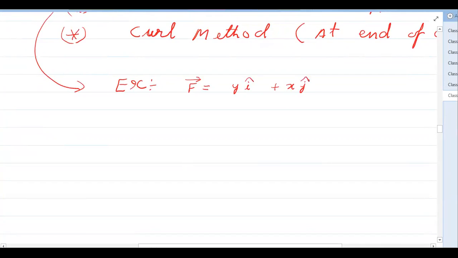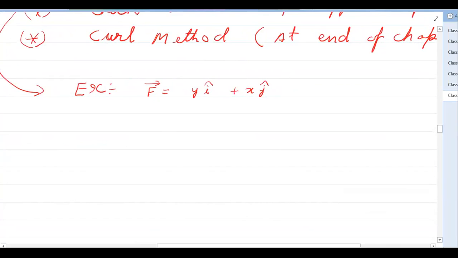We have to find whether it is conservative or not.